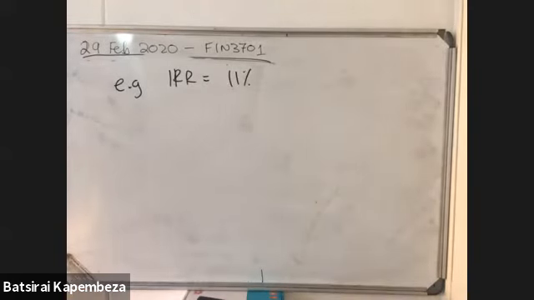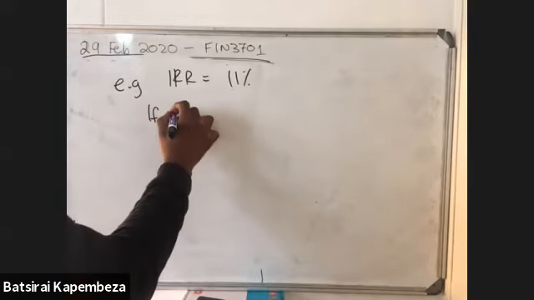And then the company might try to find out how they can raise money to finance this project. Let's say they calculate the cost of capital, how much interest they'll pay if they borrow money for this project.